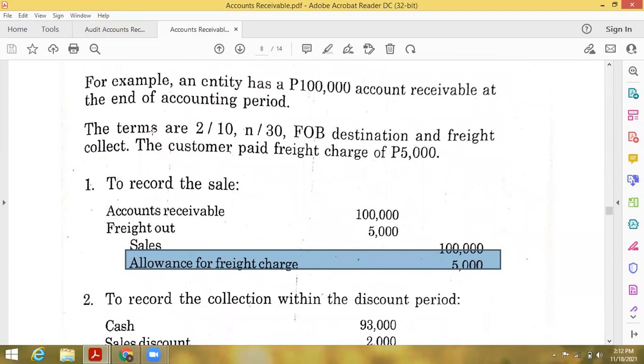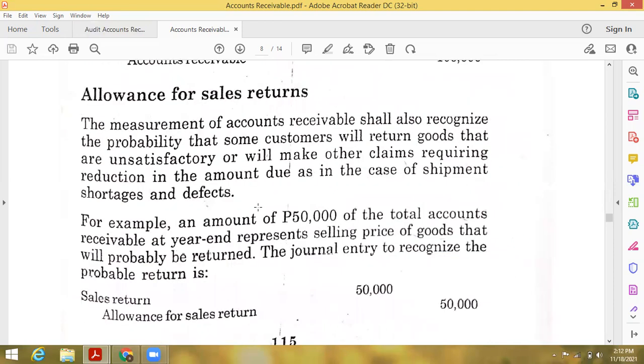So, another is allowance for sales return. It measures accounts receivable, also recognizes the probability some customers will return goods that are unsatisfactory or will make other claims requiring a reduction of the amount due. So, yung allowance for sales return, baka daw kasi may mga customer tayo na hindi satisfied sa product na binibenta natin, ibabalik na lang nila yung product.